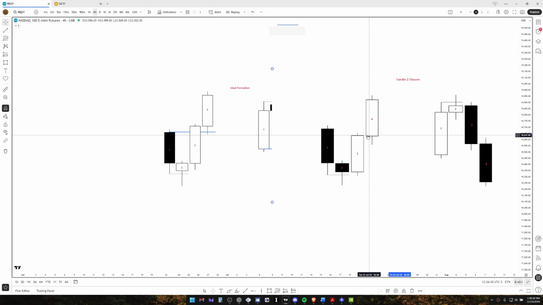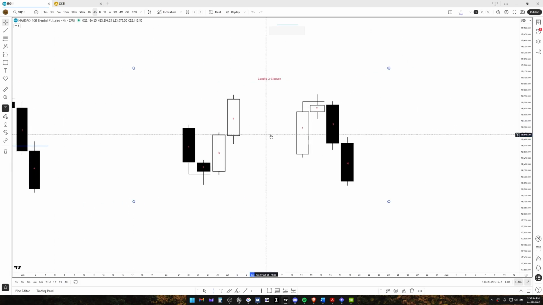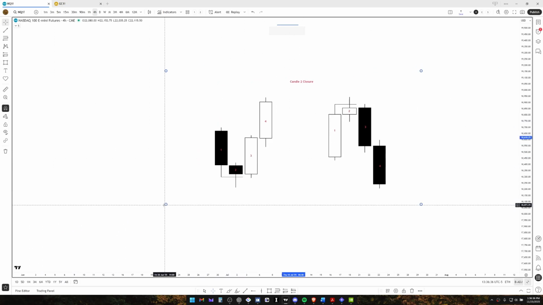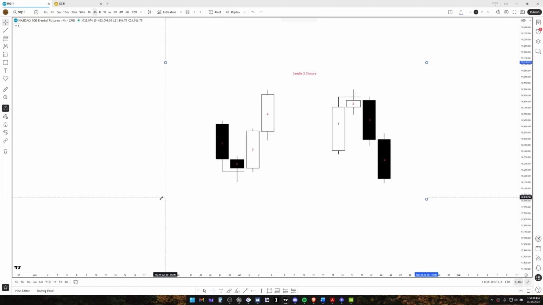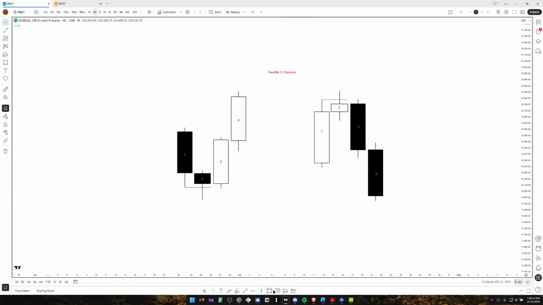So when we open up here, let's say I'm looking at this and this is a daily time frame, right? These are daily candles. So if these are daily candles, I can anticipate on the 4 hour, if I go down one time frame, there's going to be some type of fair value gap over here, right?